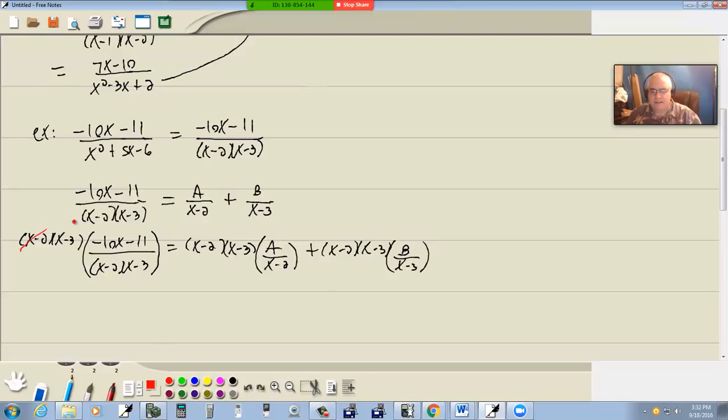Now when we do that, these x minus 2's cancel, these x minus 3's cancel. Over here, these x minus 2's cancel, and these x minus 3's cancel. So we're going to be left with negative 10x minus 11 equals A times x, Ax, A times negative 3, or negative 3A. And then B times x, which is Bx, and B times negative 2, negative 2B.